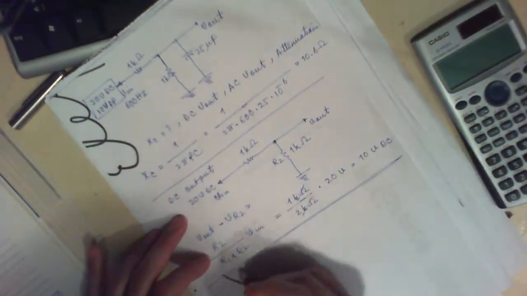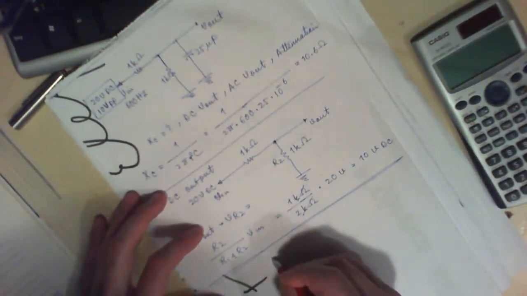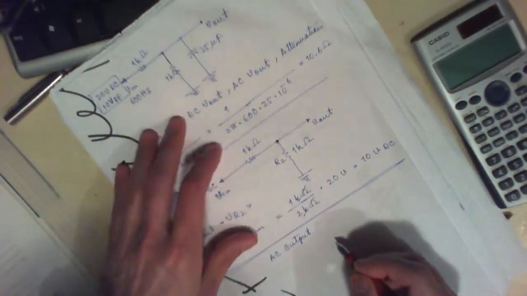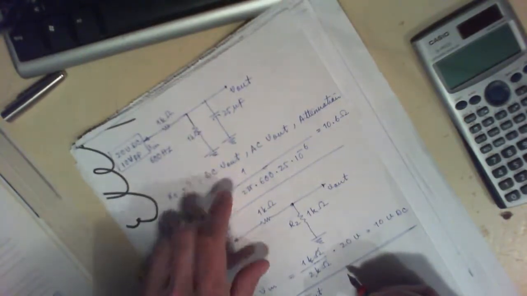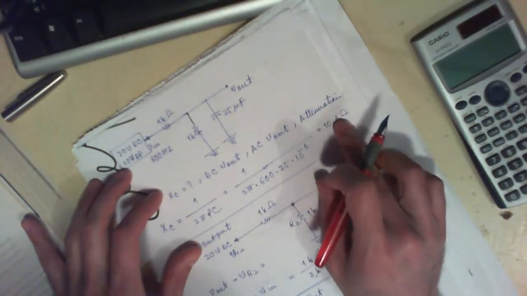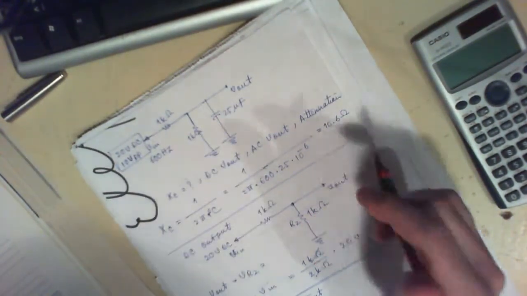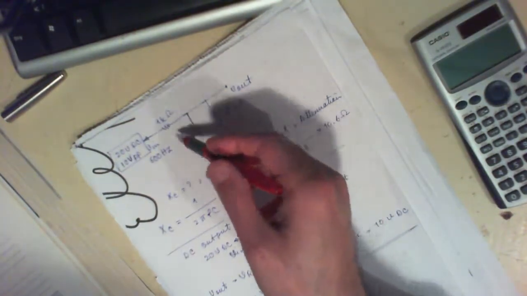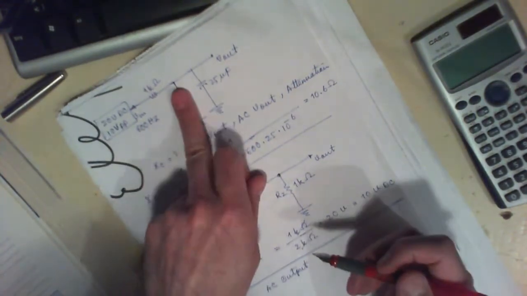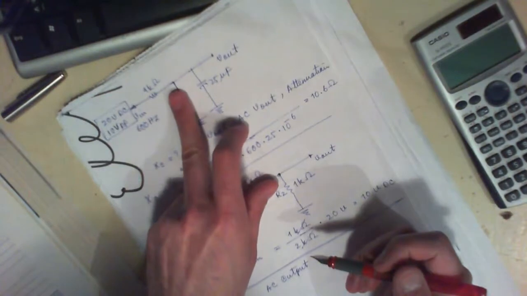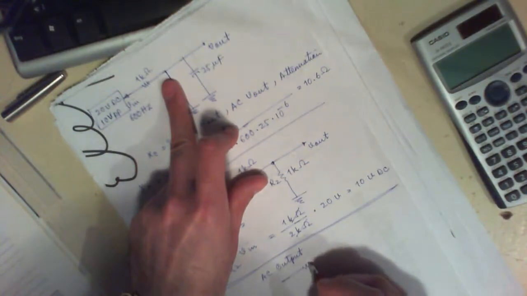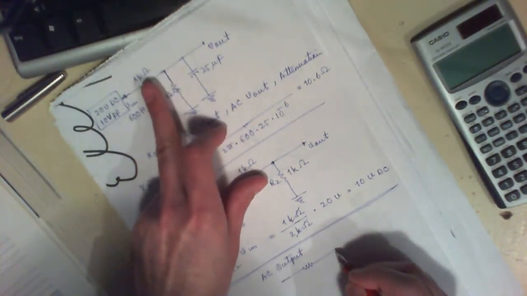Now, if you were to calculate the AC output, you could simply ignore this resistor for the same reason, that the reactance of your capacitor is 1/100th of this resistor. If AC came in, your circuit would be simply like this.